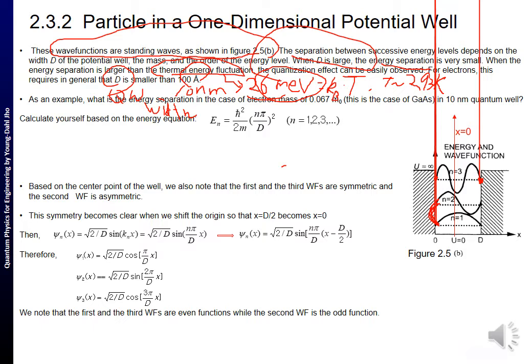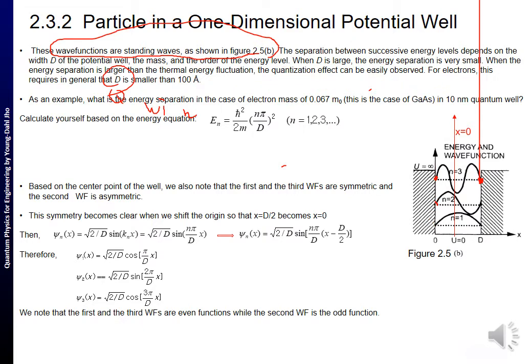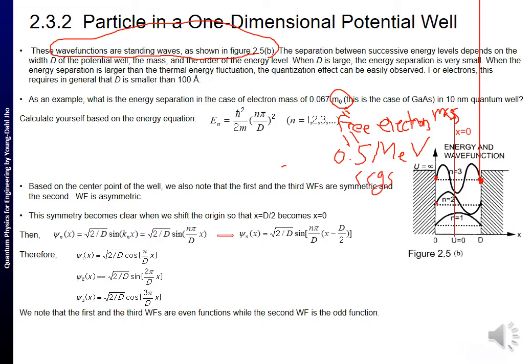As an example, what is the energy separation in the case of electron mass 0.067 m0? m0 is the free electron mass, and it is equal to 0.5 mega electron volts in CGS units.